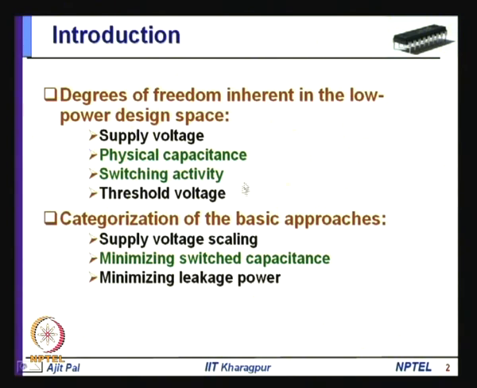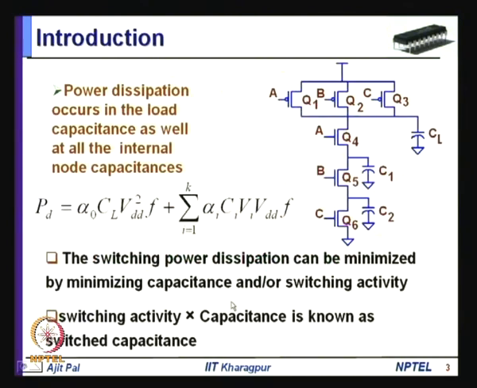Based on the various techniques that we shall be discussing, they can be categorized into 3 types, as I mentioned. First one was supply voltage scaling, second one is minimizing switched capacitance, which I shall start our discussion on today, and after that we shall discuss minimizing leakage power.